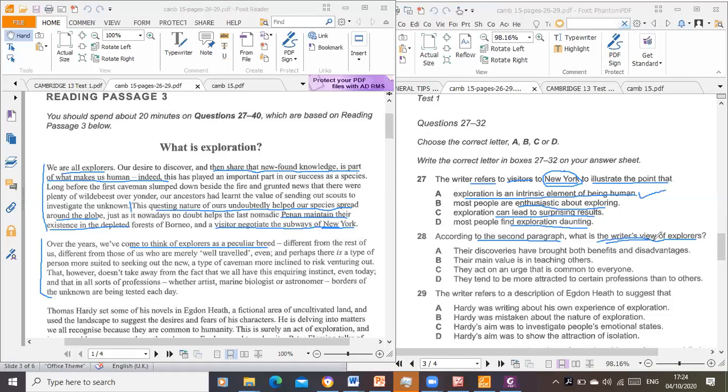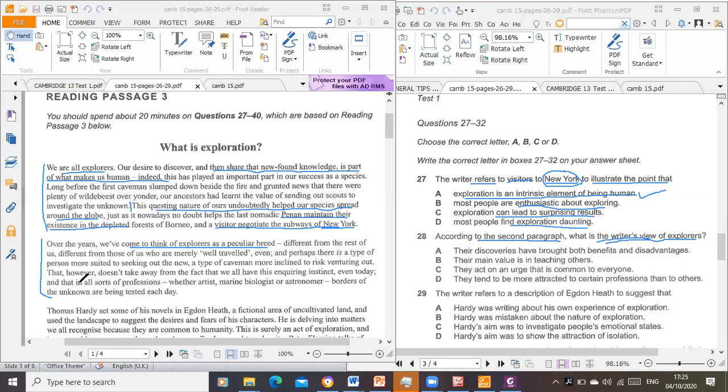The writer's perception, what the writer thinks of explorers. So still talking about what people think, different from the rest of us, different from those of us who are merely well-traveled, and perhaps there's a type of person more suited to seeking out the new, a type of caveman more inclined to risk.